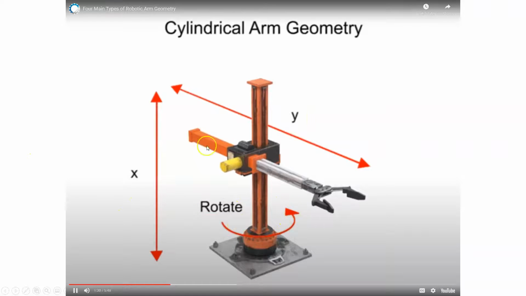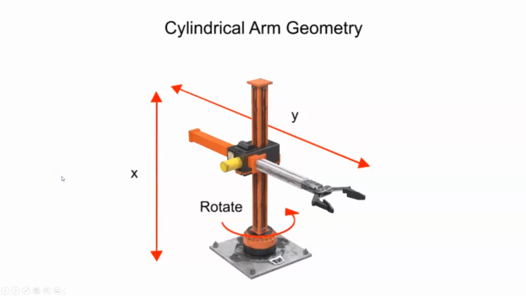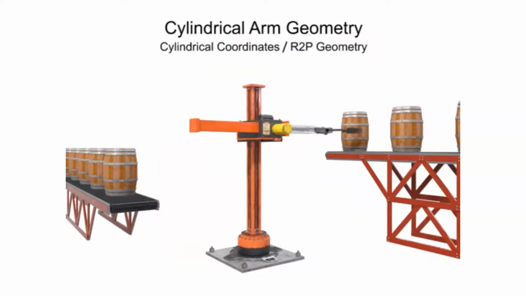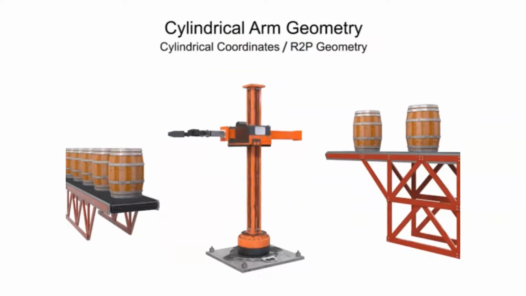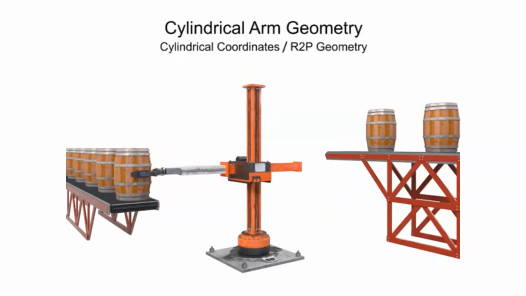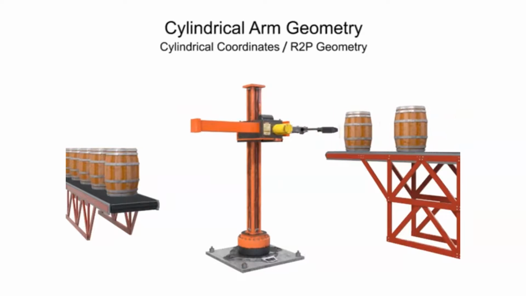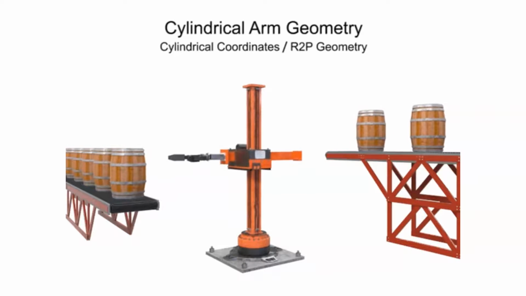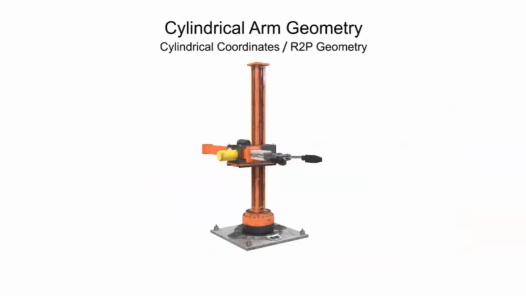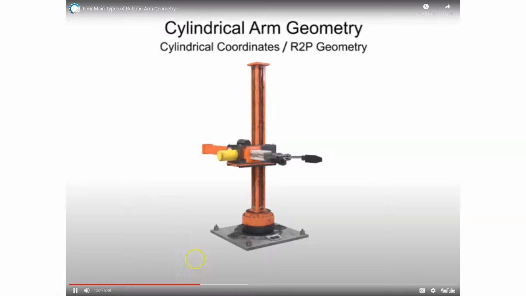So now this rotates. It can move in and out, and up and down. Again, it's kind of limited in its motion. So these are relatively specialized robots, staying with the idea of relatively fixed, even though it is flexible and programmable to some extent.